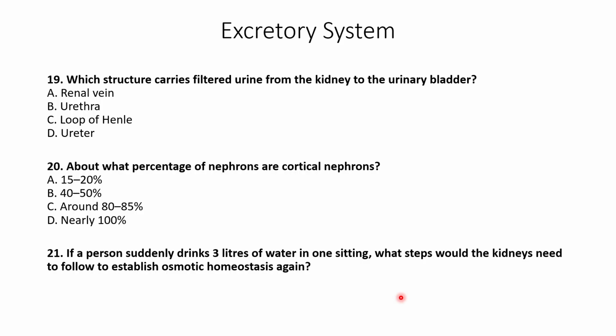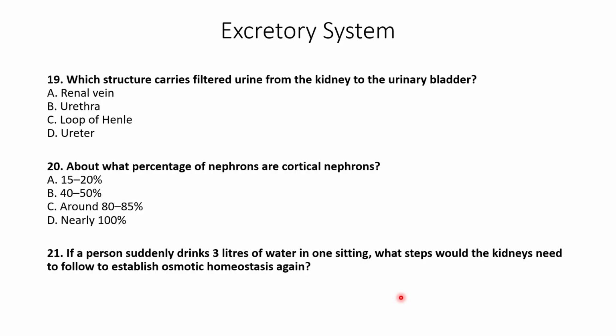In such a case, the loop of Henle is super important because you have differential permeability there, right? Finally, with all of these steps, you'll be able to come back to blood osmolarity close to about 300 milliosmoles. And then eventually things will go back to baseline and ADH will be secreted normally again.